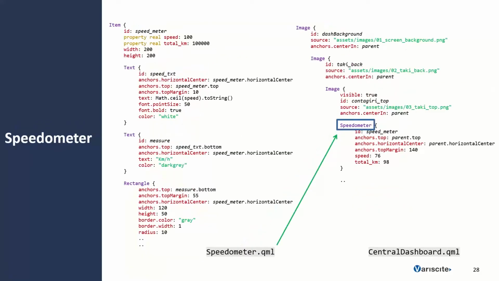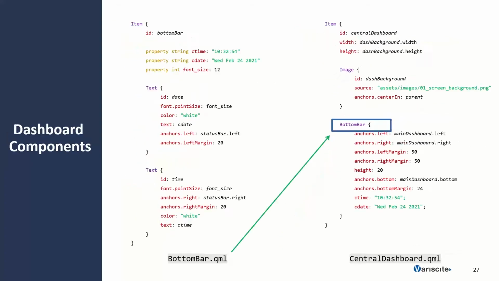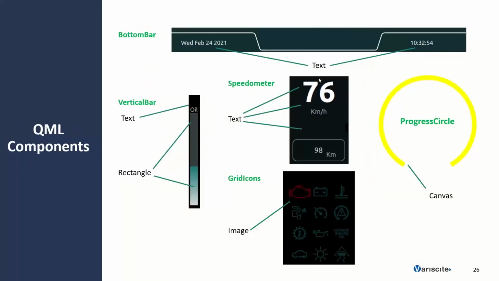We also have the speedometer. That is a combination of text and rectangle and other text. Let's go back for a while to see how the speedometer was designed. So we can see the text for the actual speed, the unit for the speed. We have a rounded rectangle that is used to encapsulate the kilometers done, and once again the unit, kilometer.